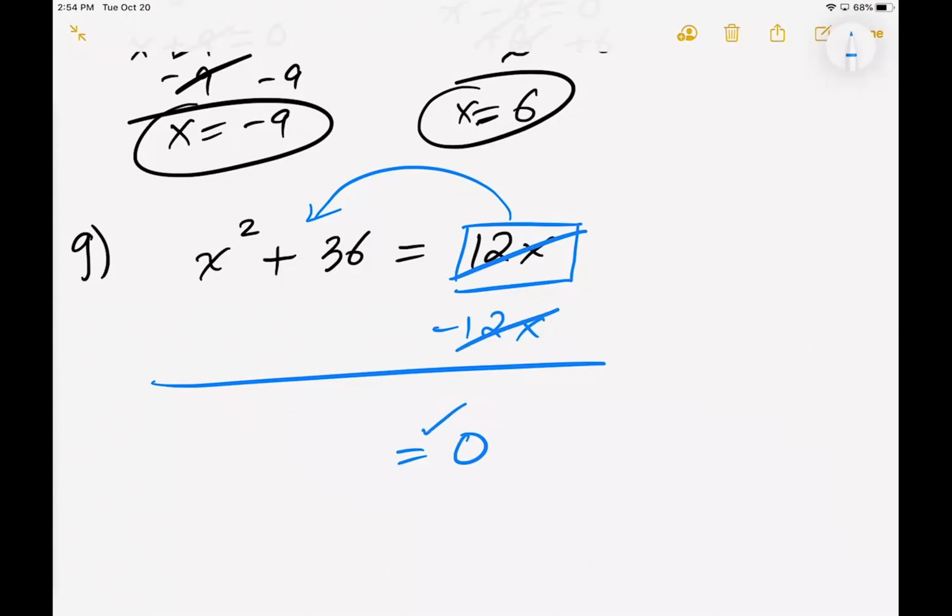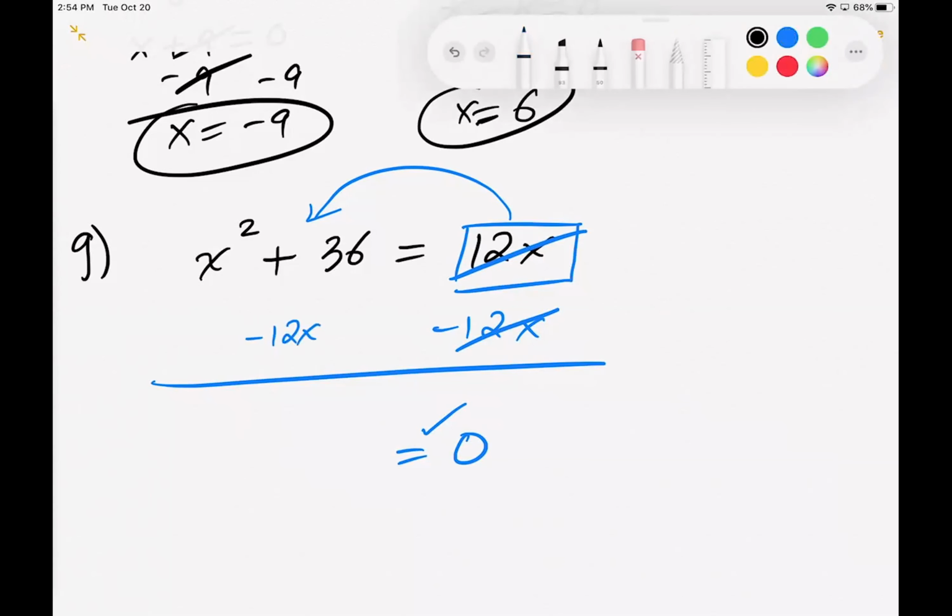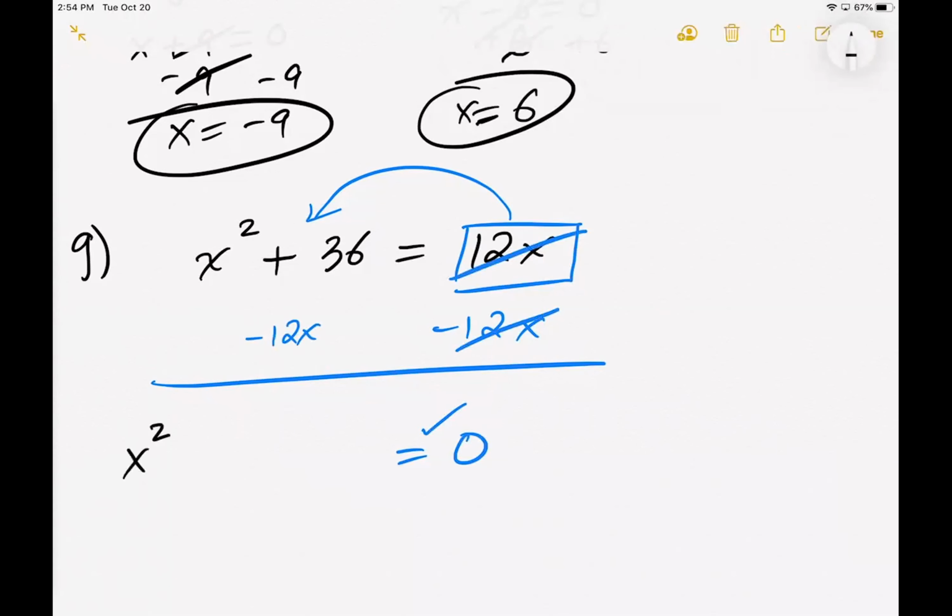But when you move it to this side, ladies and gentlemen, make sure that you put them in descending order. Don't do this, because you will get confused and say, why is my 12x on the outside?